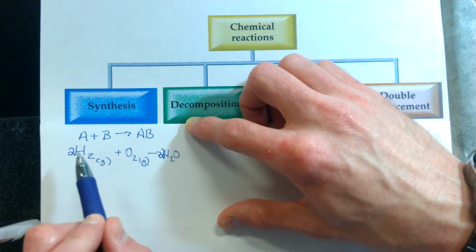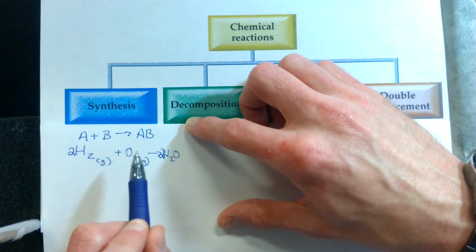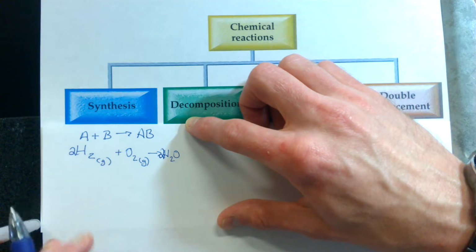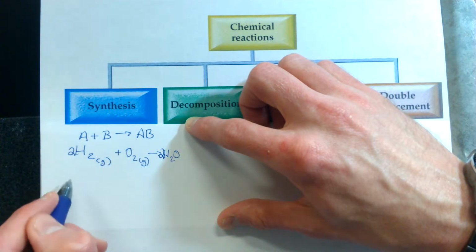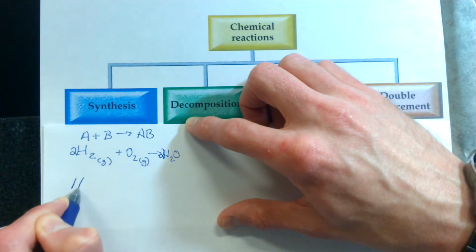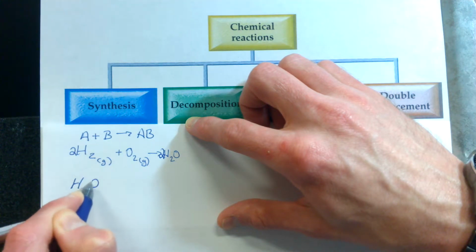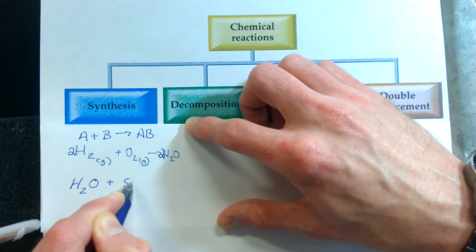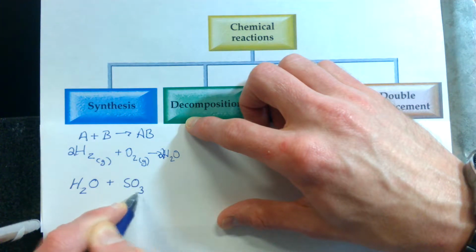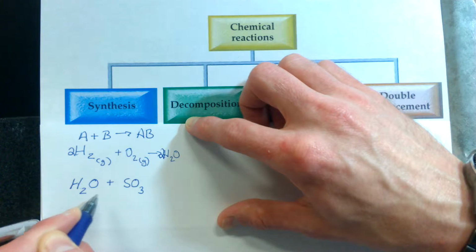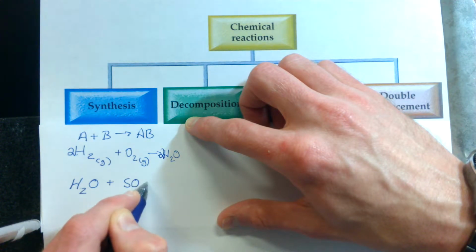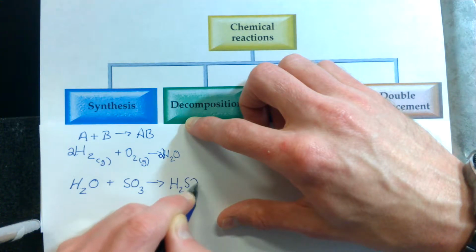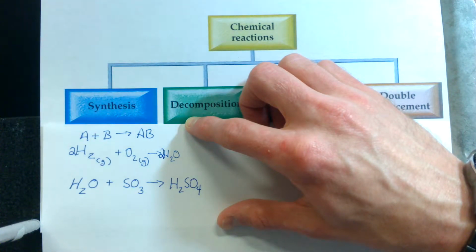Okay, so synthesis, a single element reacts with another element to form a compound. Another example of a synthesis reaction might be water reacting with a gas, let's say SO3, sulfur trioxide gas, and when those 2 small compounds come together, they would form H2SO4, which we would call sulfuric acid.